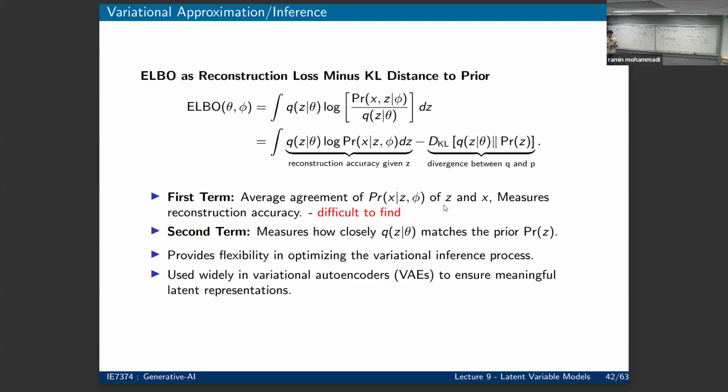So this term acts as reconstruction accuracy, which is really difficult to find. Why? Because you still need to go over all possible Z's technically. It's not that easy to find.